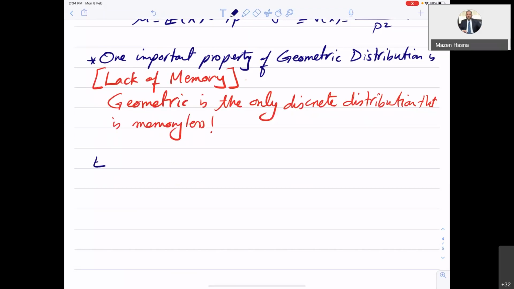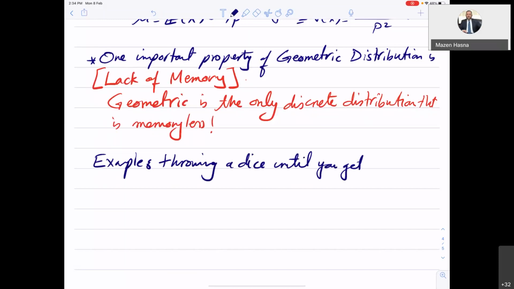So assume another example. Throwing a dice until you get 1. So this is geometric with p equals 1 over 6.